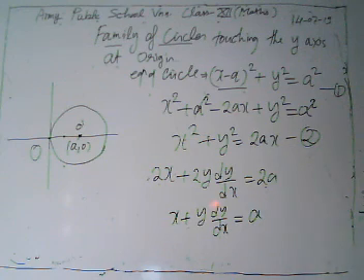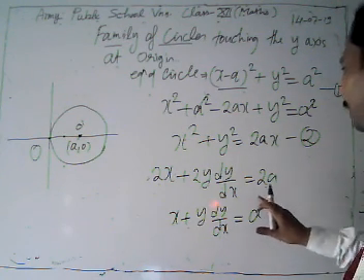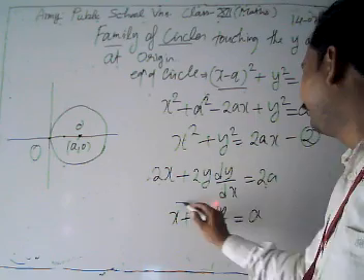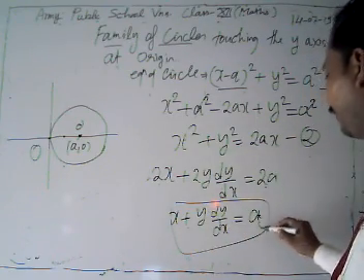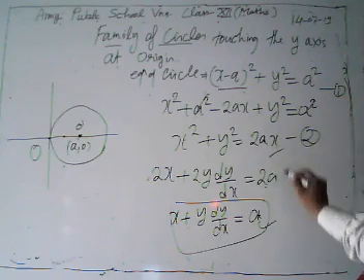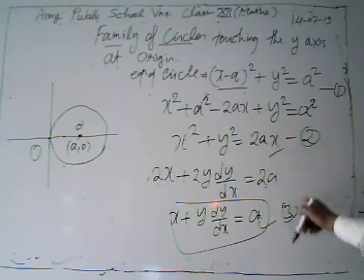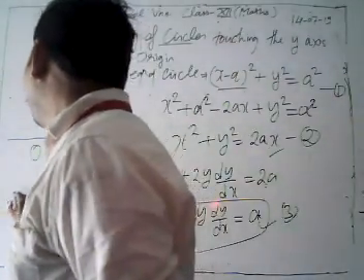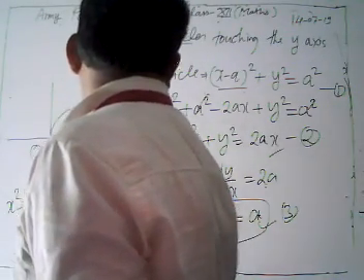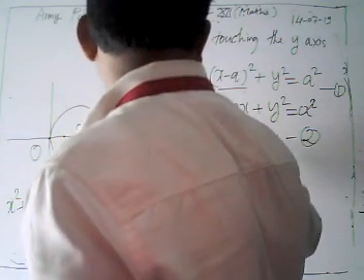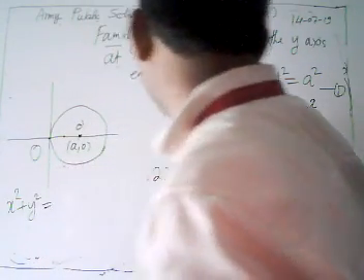Now look, we get the value of a, and to get rid of a, we put its value in our equation number 2. Using 2 and 3, what we have? x square plus y square is equal to 2a.